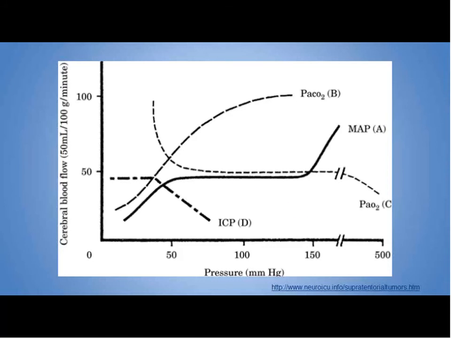So again, I just love my little chart. But what's important here is that you can see that there is a range where our cerebral blood flow can be relatively preserved at different mean arterial pressures. But once you get below those mean arterial pressures, you get the sudden and sharp drop-off.